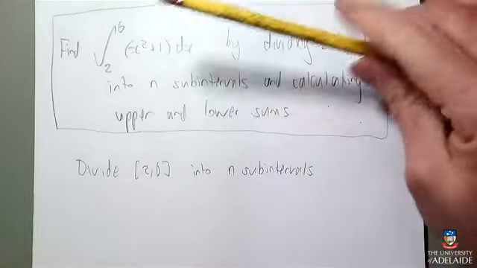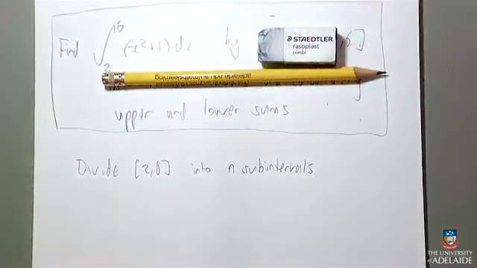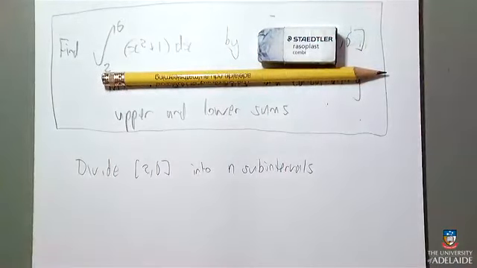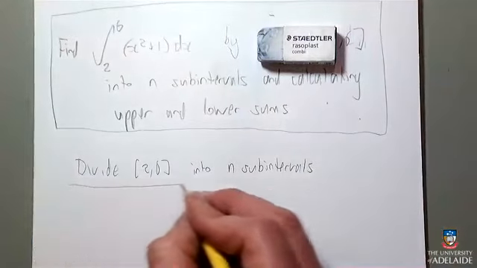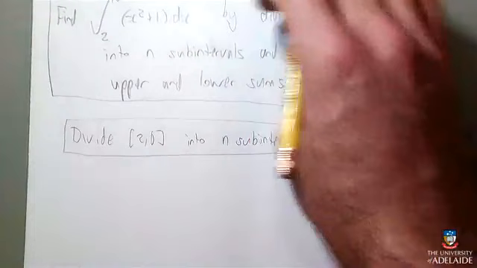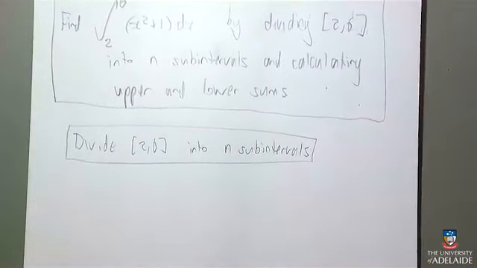If you're asked to find this by using upper and lower sums, you will still divide that into n subintervals, because that's what the process requires, regardless of whether you're told to. And the dividing into subintervals takes some number of steps.